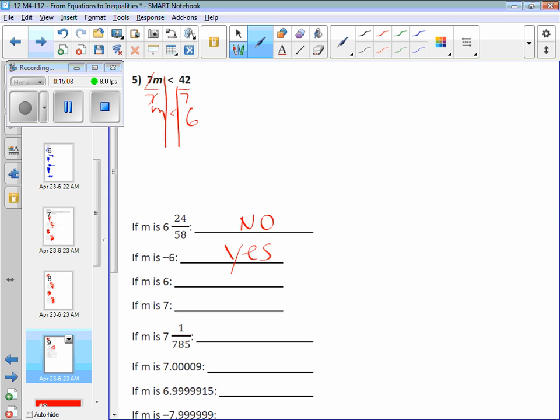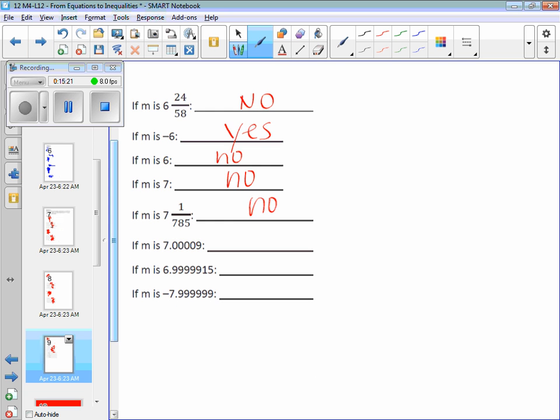Is 6 less than 6? Right, because it can't equal it. Is 7 less than 6? Is 7 and 1/785 less than 6? 7.000009. 6.999999915. Negative 7.9999. How many got 100? Are you good now?